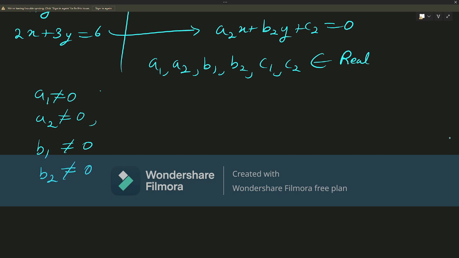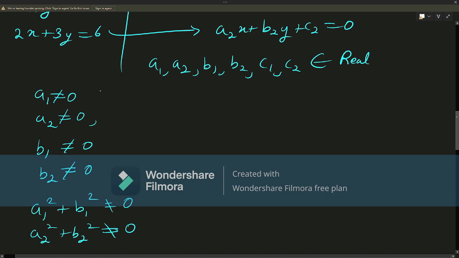If c1 and c2 are equal to 0, that's fine, it doesn't matter. And a1 square plus b1 square is also not equal to 0. Same for a2 square plus b2 square, not equal to 0. So that's the basic thing that you need to know, because you have to write this step, a1, a2, b1, b2, in the question as a general form.